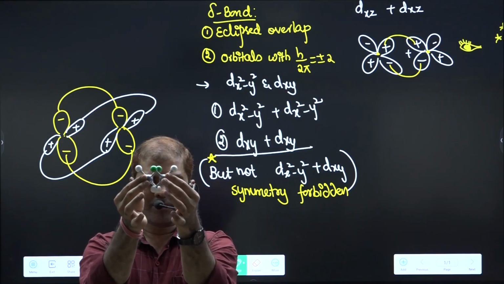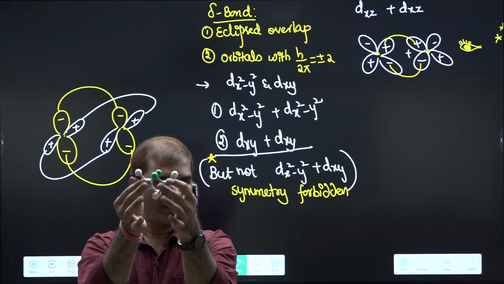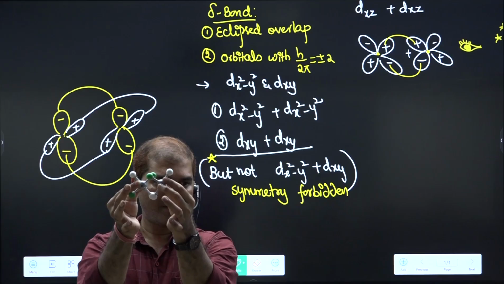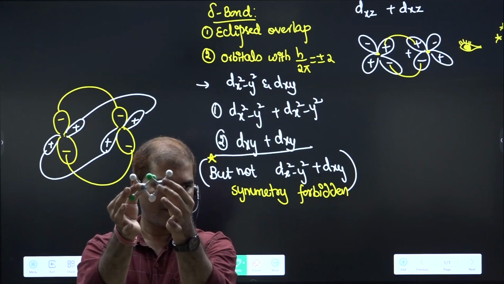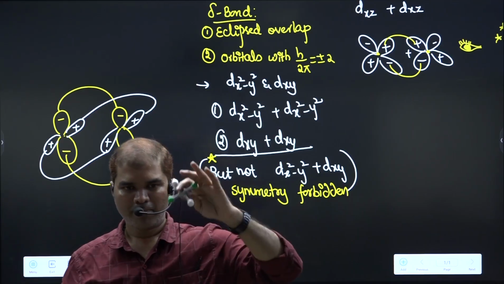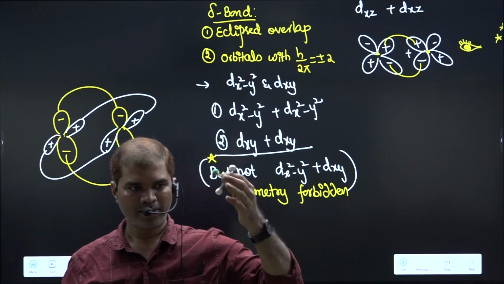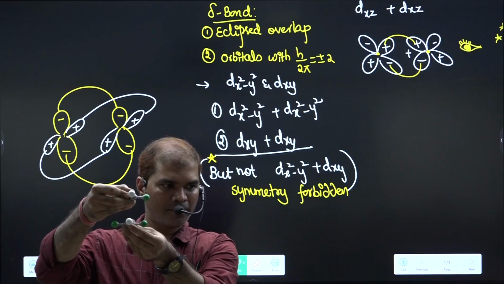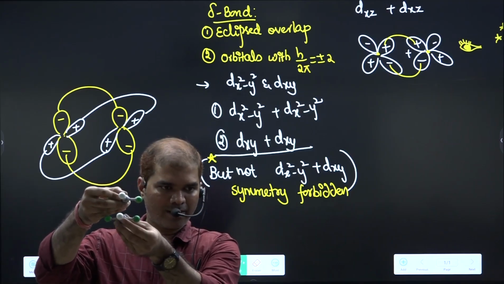As they try to overlap, the nuclei are coming close. They start repelling. Since they start repelling, overlap will not be that efficient. It will be less efficient. That is why we always say pi bond is less strong than sigma. Delta is still less strong because it is very much weaker.